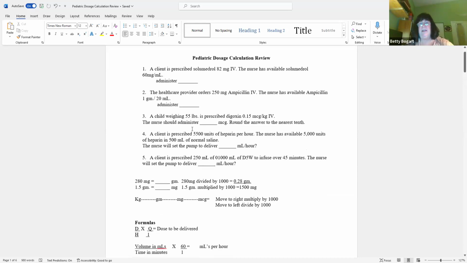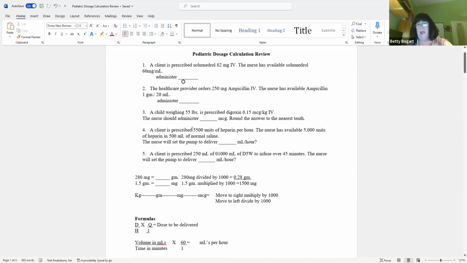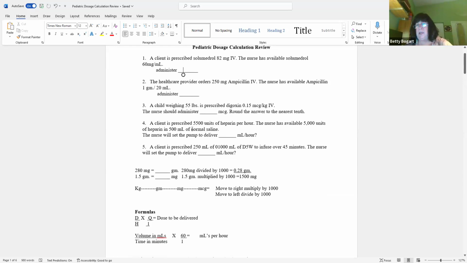You're definitely going to see figuring out a dose like number 3 here, where you've got a child, how much am I going to give? Sometimes they'll give you another step, and that other step might say they have available on hand 2 milligrams in 4 mLs or 5 mLs.